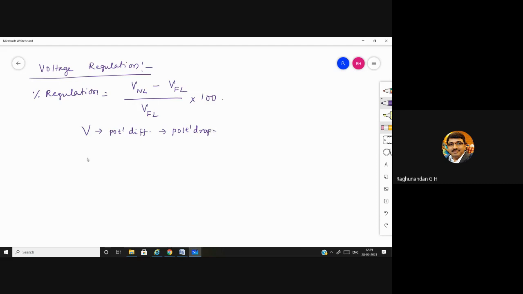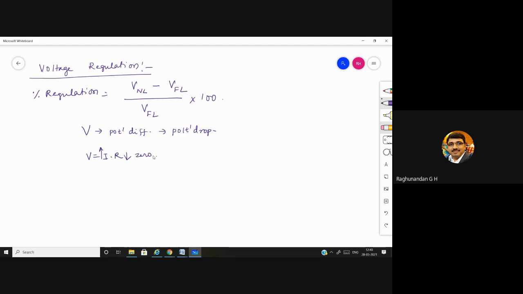Okay, I'll give one more example. Say V is equal to I into R. When this I will be maximum, when R is minimum, right? According to you, whatever you told, the current is maximum, voltage will be maximum. Okay, so I'll make the resistance as 0.